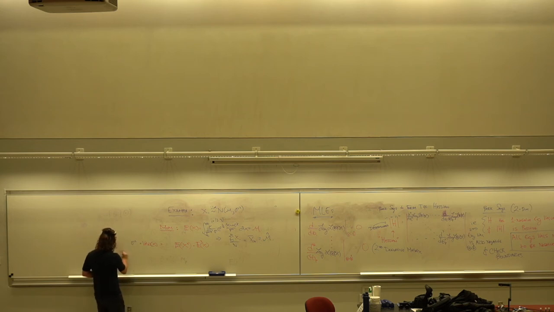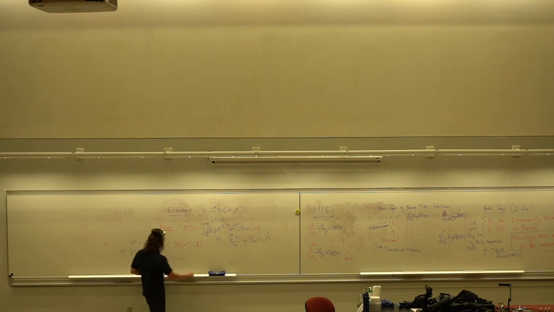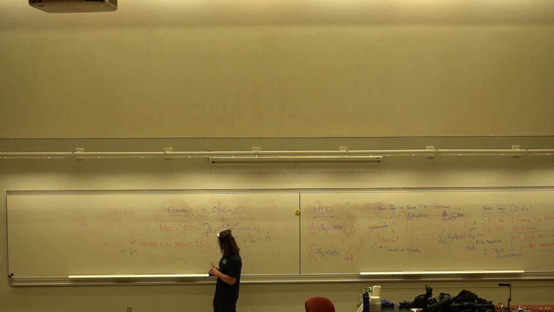And so I'm going to take sigma squared, I'm going to throw a hat on it, and I'm going to say this thing is, I've already got an expression for that, so this is going to look like my mu hat squared.